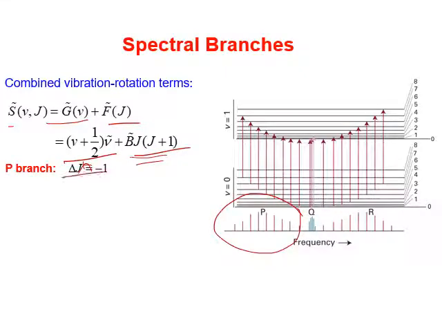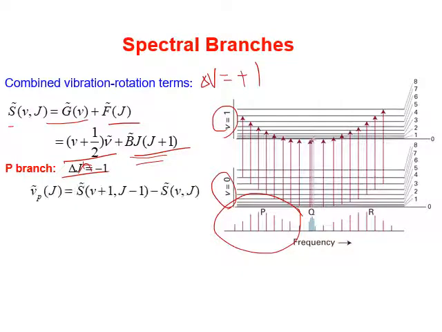The delta J is -1. But don't forget, the delta V, the change of vibration, is +1, from 0 to 1. So when we calculate the transition, we should use V+1 minus V. So the delta V is +1, but the delta J is -1, so J-1 to J. Okay, and plug into this equation.